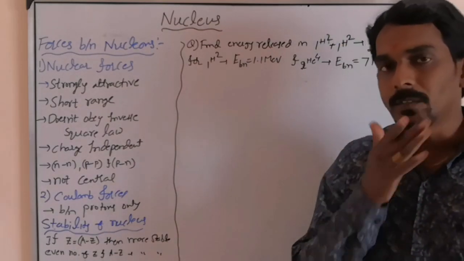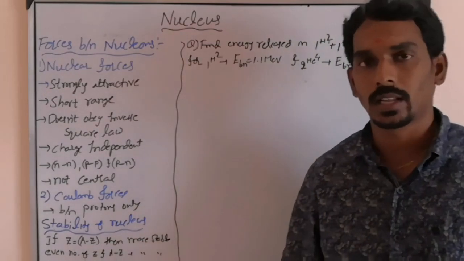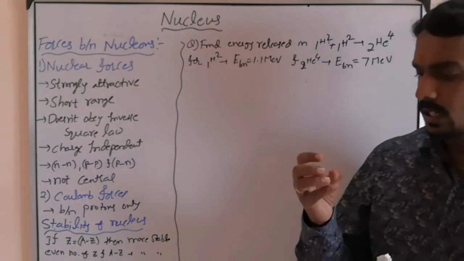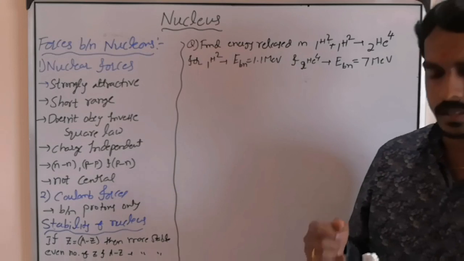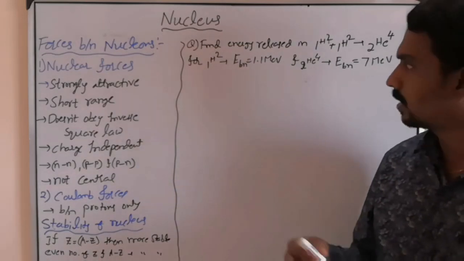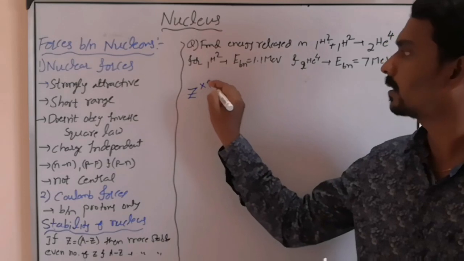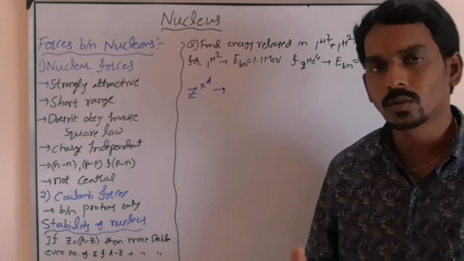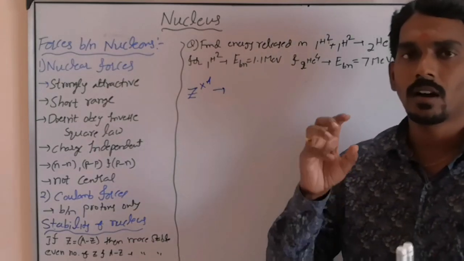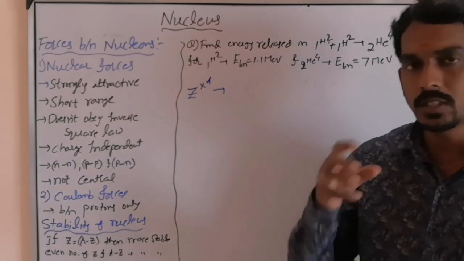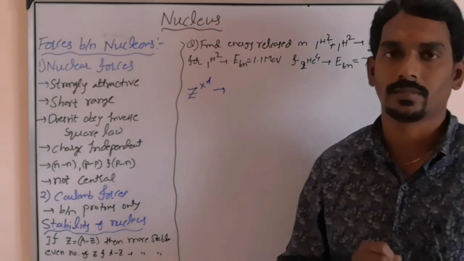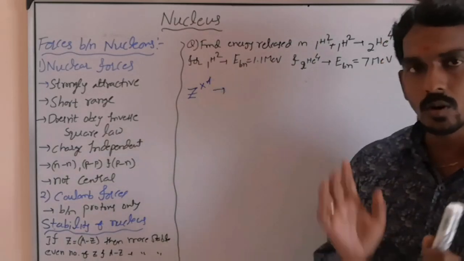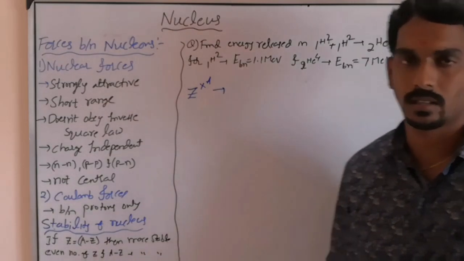Now, we also said one more thing, binding energy per nucleon. Binding energy per nucleon means, when you consider any nucleus, let's take ZXA, here A is the number of protons plus neutrons, the total number of particles inside the nucleus, which we call nucleons.